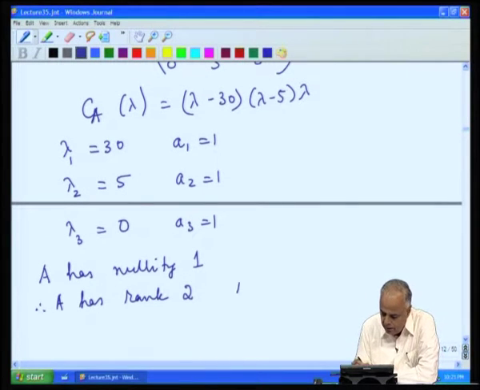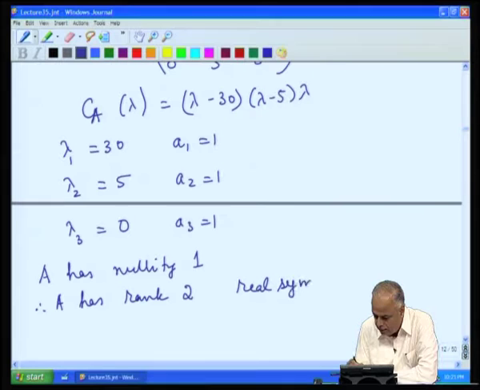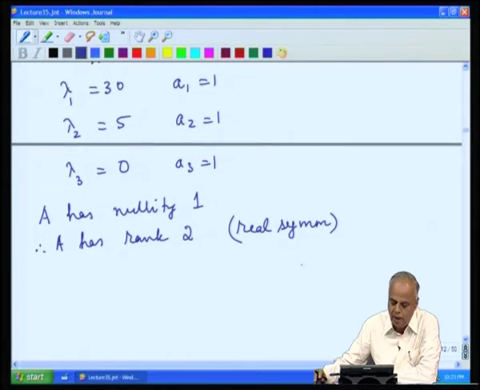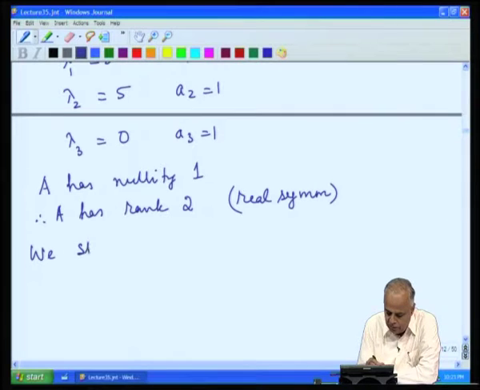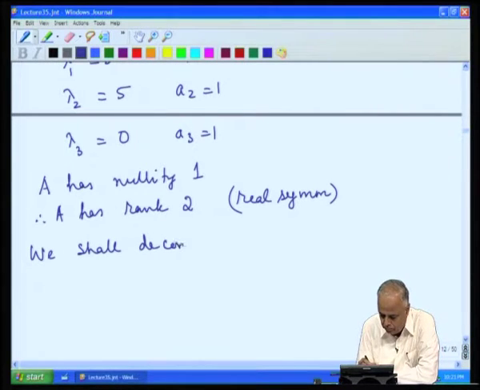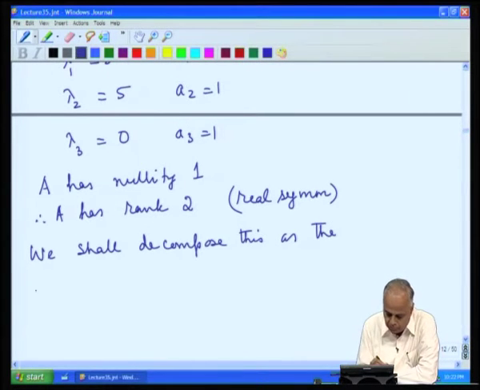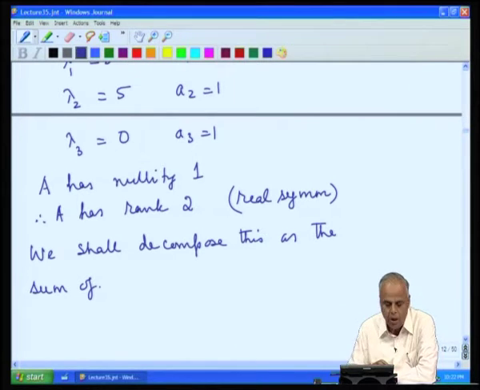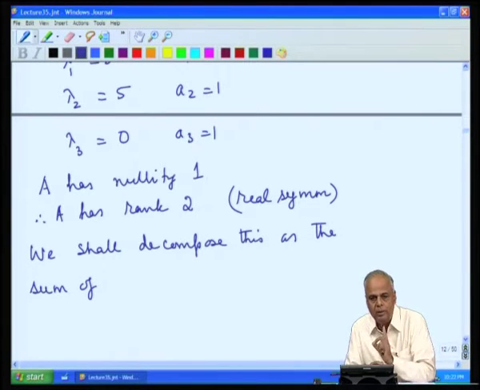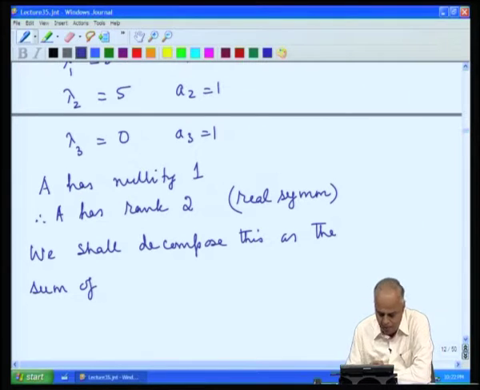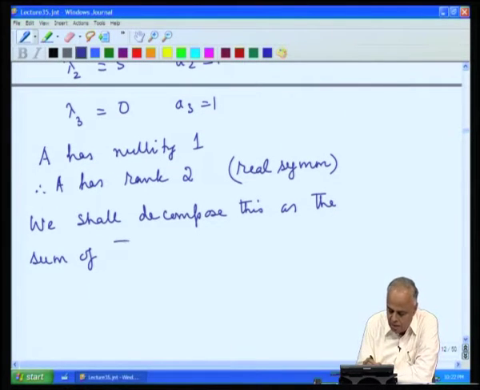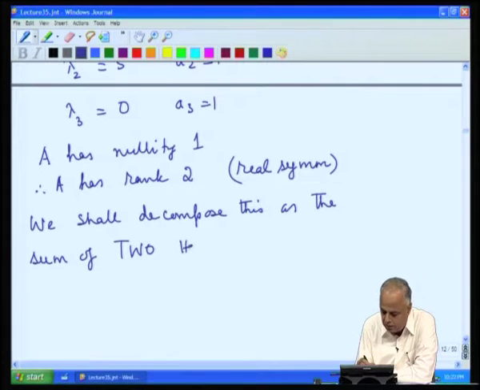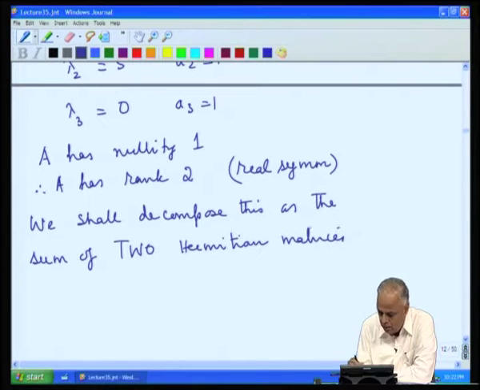So, A is real, symmetric and has rank 2, and therefore, we shall decompose this as the sum of, now since the rank is 2, even though the matrix is 3 by 3, we will decompose it as the sum of 2 Hermitian matrices, each of rank 1.